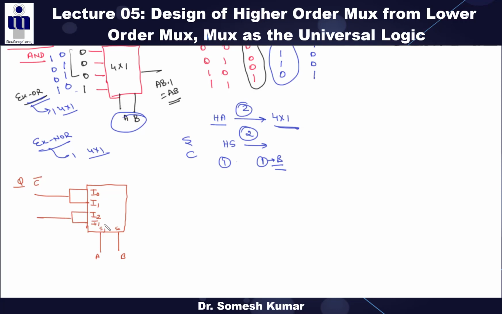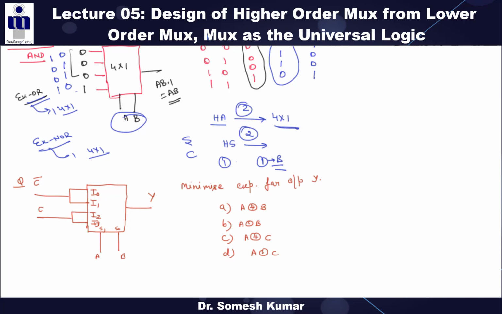I2, I3 are connected to basically your C. So find the minimized expression for the output Y. Options are basically A XOR B, A XNOR B, and so on. This is the question. You have to find out the minimized expression for the output Y.